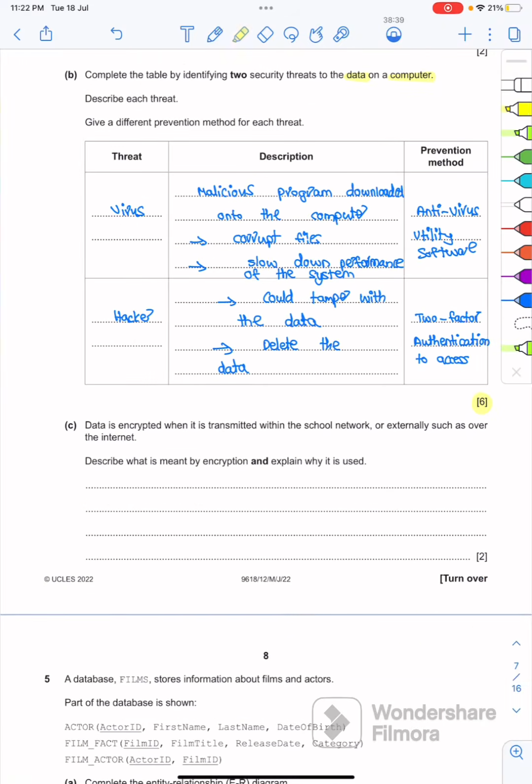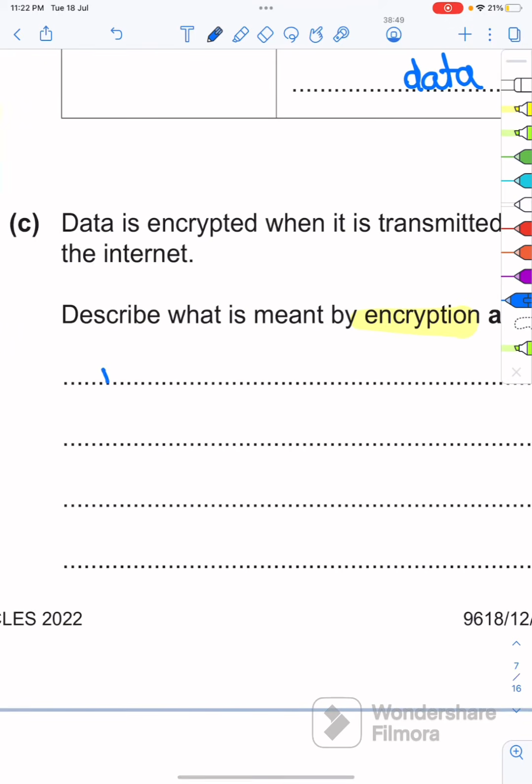Data is encrypted when it is transmitted within the school network or externally, such as over the internet. Describe what is meant by encryption and explain why it is used. So it's a 2-mark question. 1 mark will be for describing encryption.